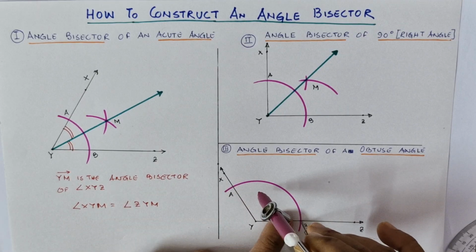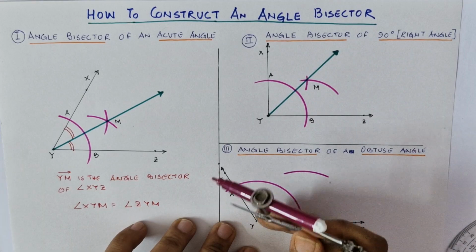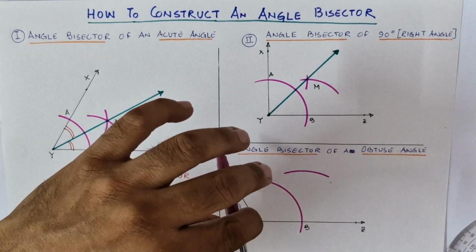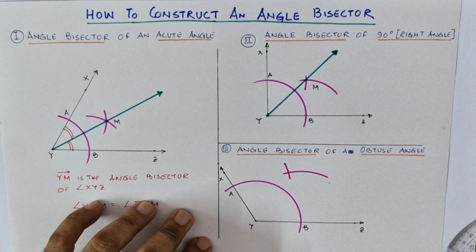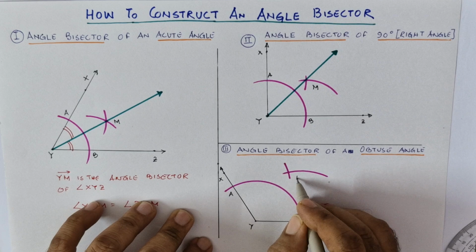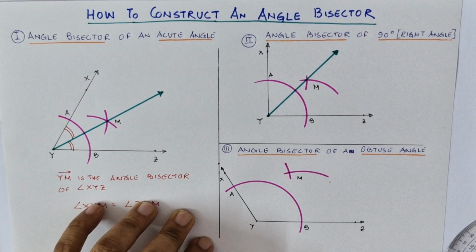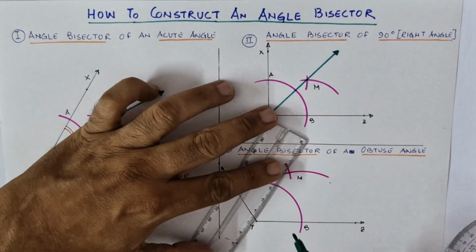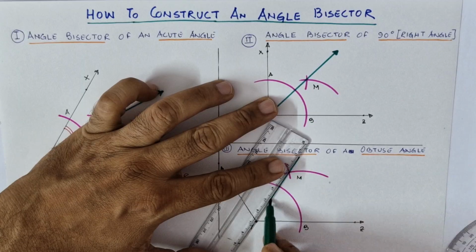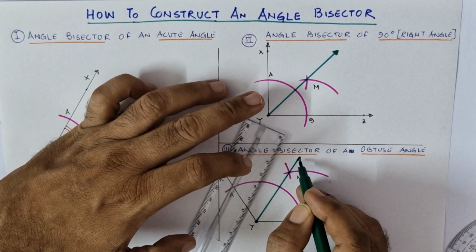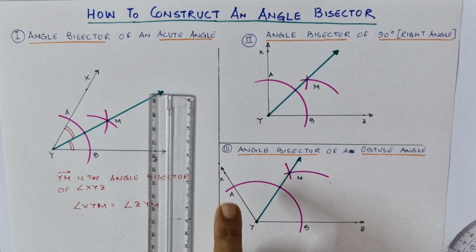So see, it is more than 50%. So draw an arc, and with A as center, draw another arc cutting the previous arc at M. So we'll call it M. We'll mark the intersection point and we'll join this. So YM is the bisector of the obtuse angle.